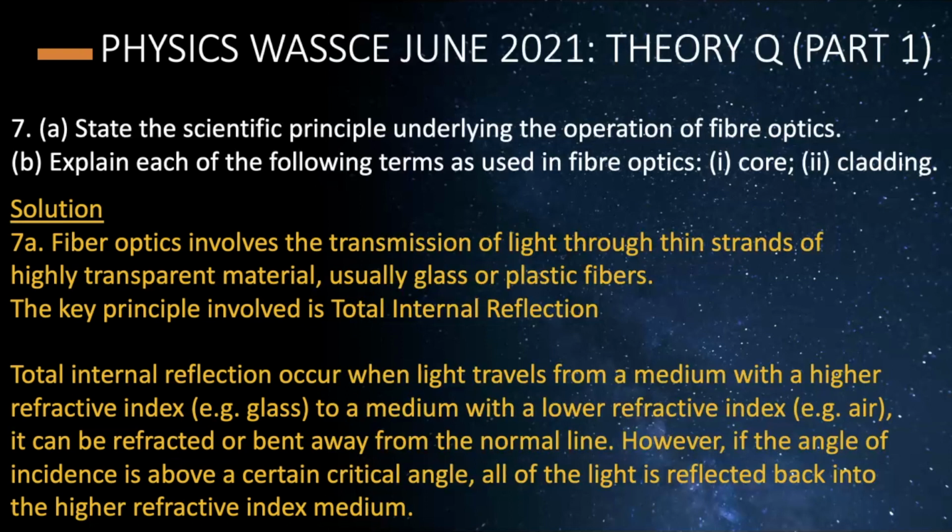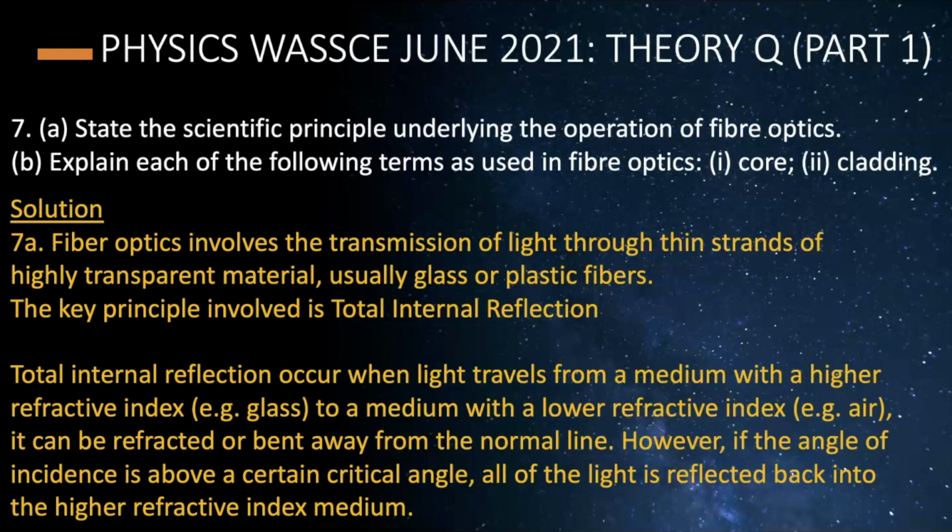The point here is that light is transmitted through materials of high refractive index compared to their surrounding. Most times it's glass or plastic. And the principle here is total internal reflection.